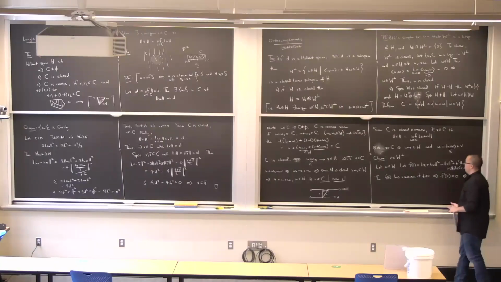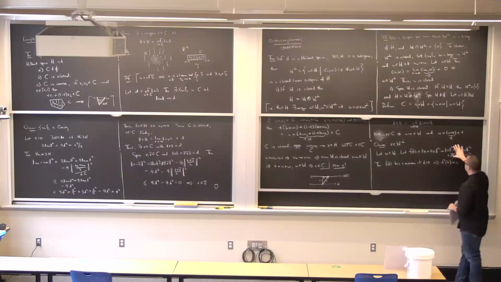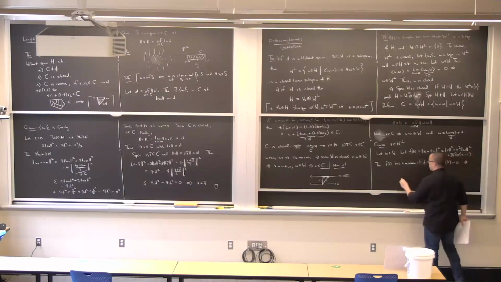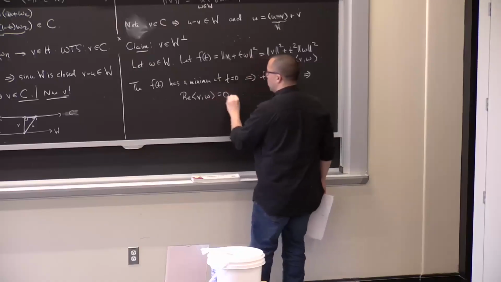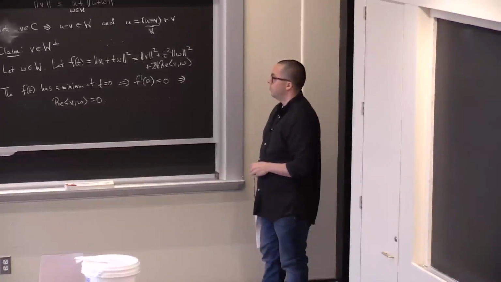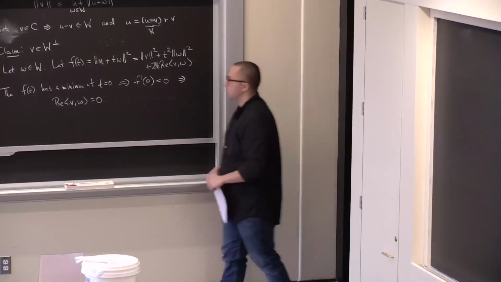And therefore, if I take the derivative f prime of t and set t equals 0, then I just pick up twice the real part of the inner product of V and w equaling 0, and therefore I get the real part of the inner product equals 0.